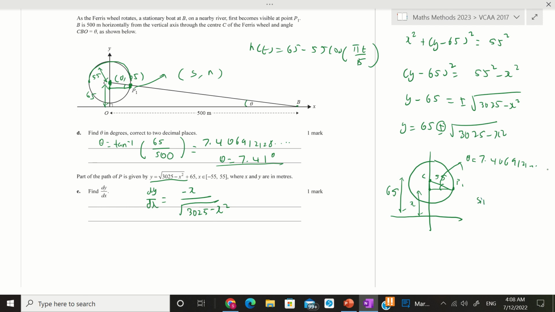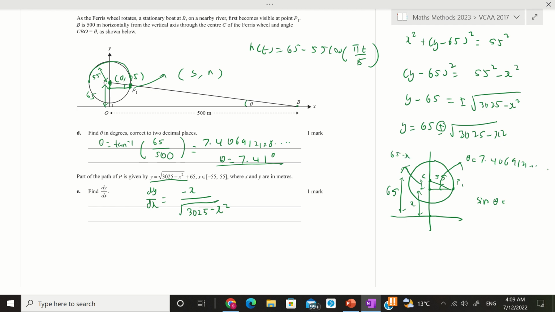So sine of theta, given that we're using this value of theta, 7.4069121, is equal to the opposite side. If the whole height of C, the origin, is 65, and this length here is x, from this point down here all the way to this point, then this length here must be 65 minus x.